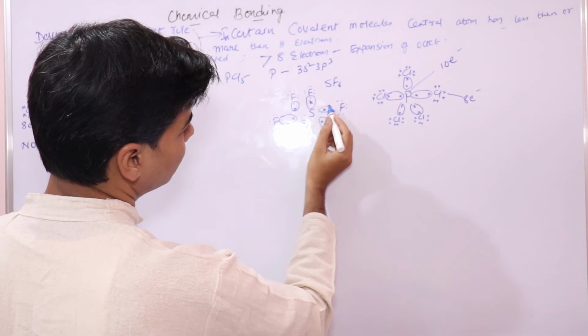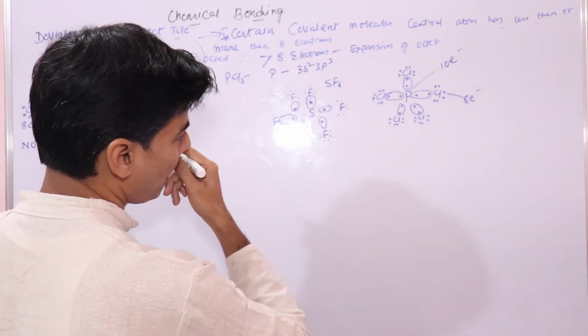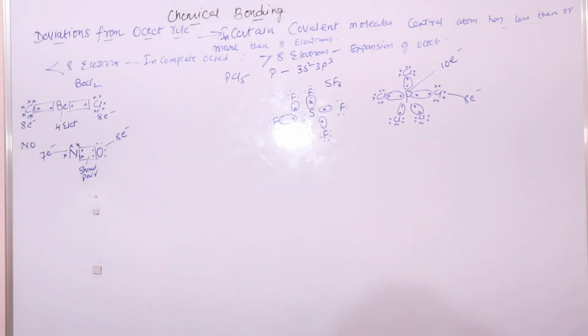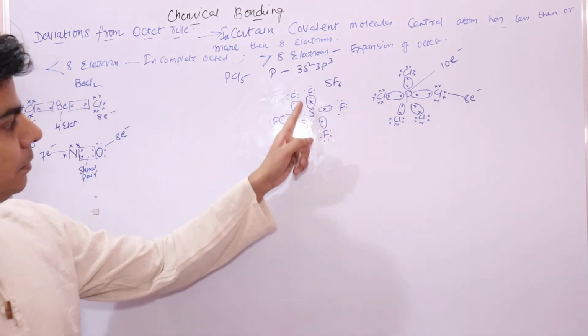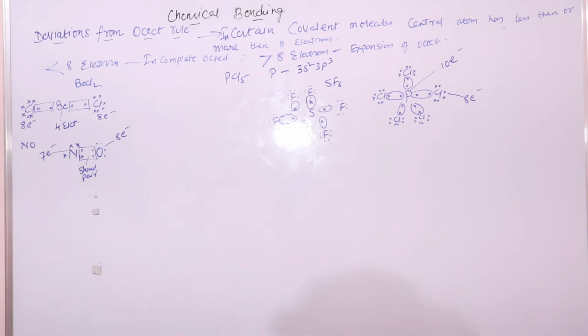Now let's see how many electrons sulfur has. 1, 2, 3, 4, 5, 6, 7, 8. It has 12 electrons in the outermost orbit, which is more than 8. So this is how it does not follow the rule of octet.